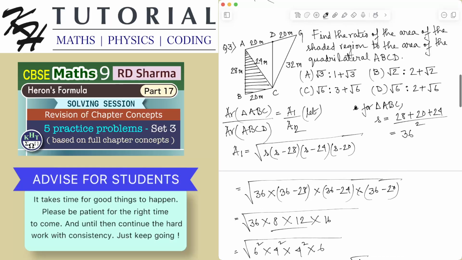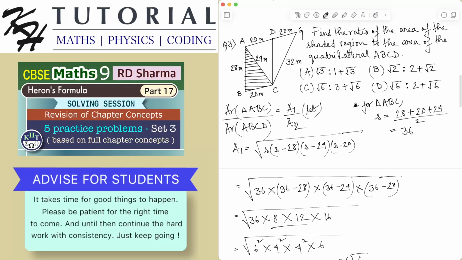Now, how do we find the area of the quadrilateral ABCD?